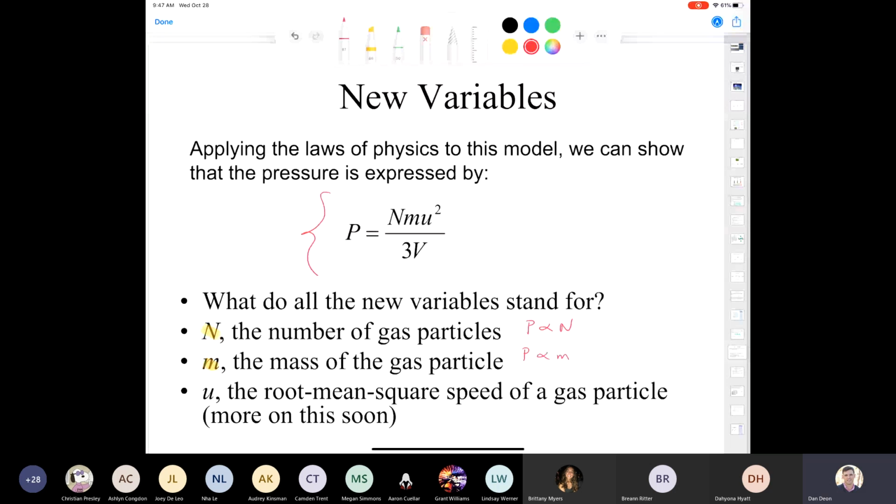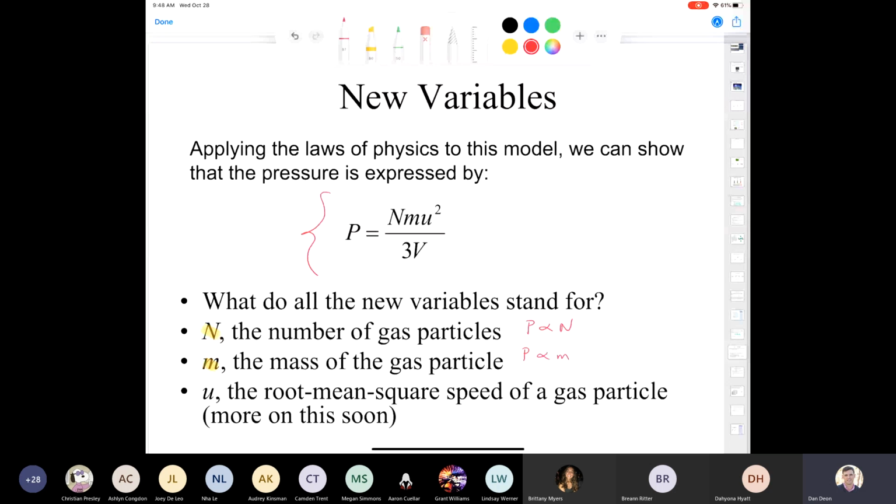Well, again, if pressure is a result of the collisions of particles against the wall of a container, look, if you have a car moving at 10 miles an hour, or a person walking at 10 miles an hour and they hit a brick wall, which one of them is going to have a greater force? The answer is the heavier object, right? A car is going to exert a much greater force. What's pressure? Force per unit area. So it stands to reason that the greater the mass of the gas particle, the greater the force it's going to have against the walls of the container, and therefore the higher the pressure.